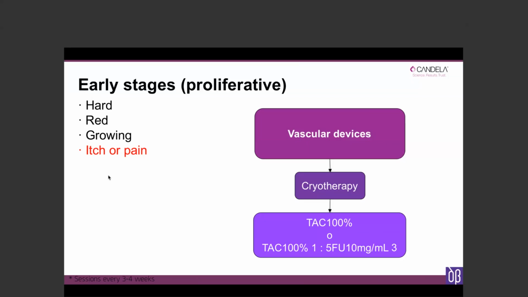And after that, in the same session, we inject triamcinolone acetonide, 100%, no dilution, or we can mix it with 3 parts of 5-FU, 10 milligrams, 1 milliliter. So this should be the flow chart of how to act in an early stage hypertrophic or keloid scar.